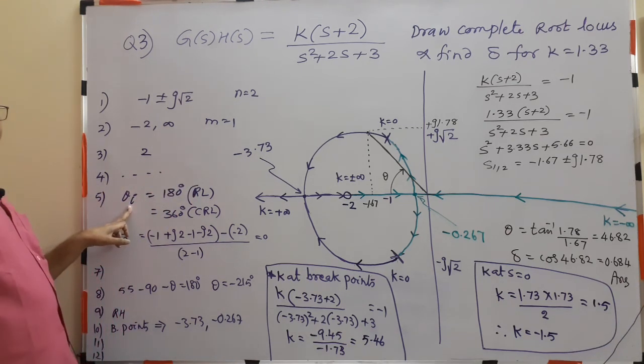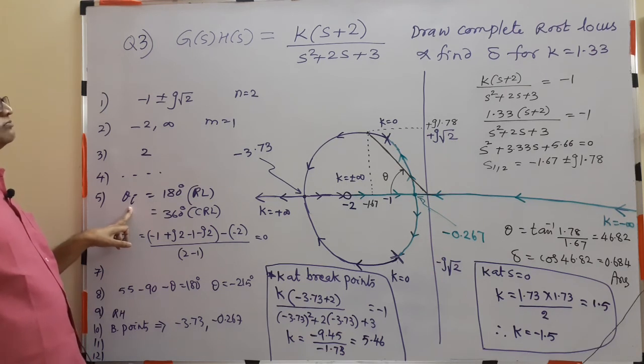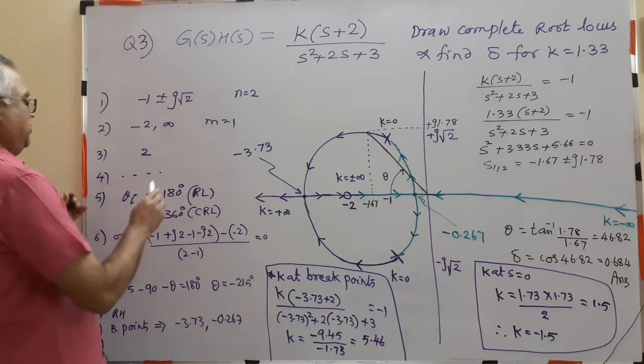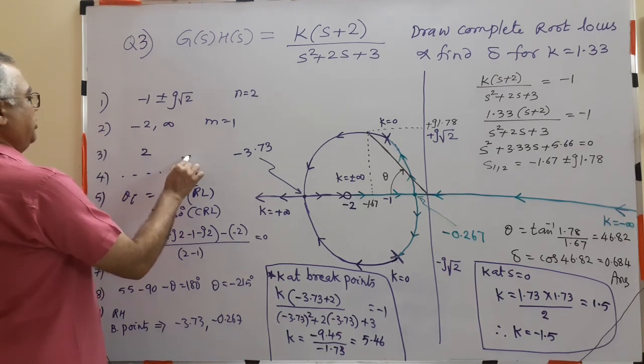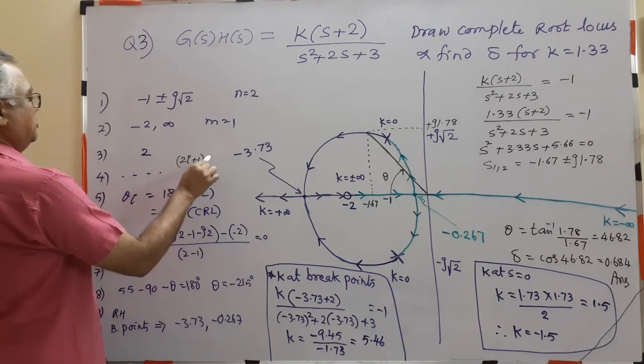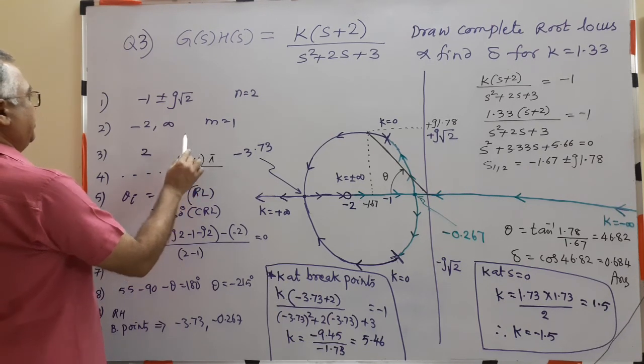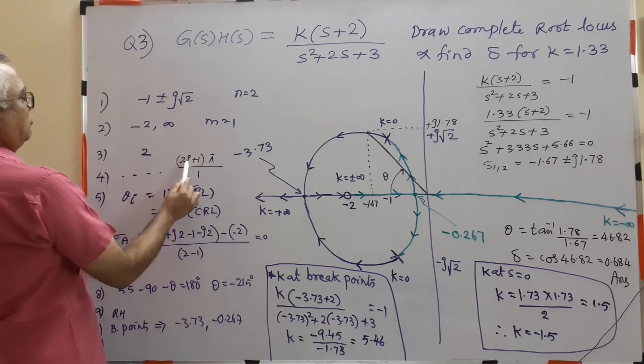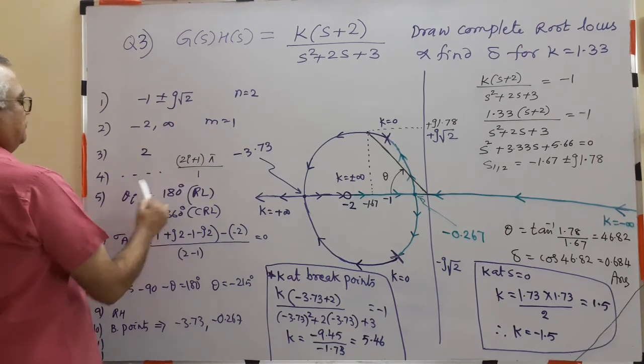Then theta i, the angles of asymptotes. What is the angle? The formula is 2i plus 1 into pi by n minus m. n minus m is 1. So i equal to 0 gives 180.